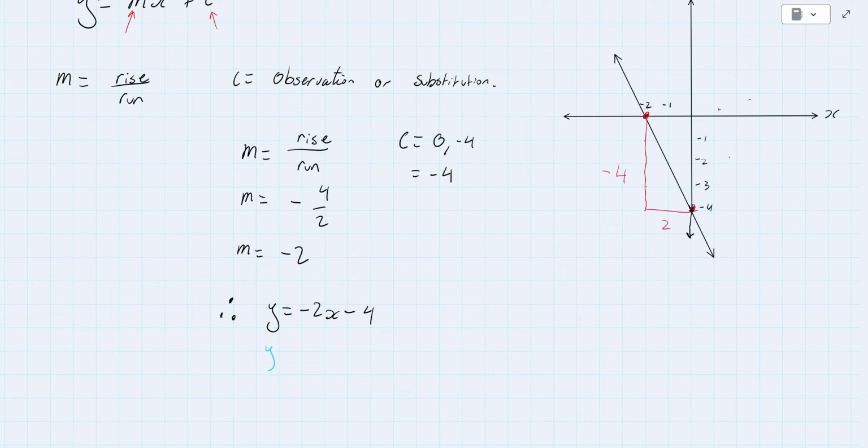I'm just going to do it in blue so you see. Negative 2 is our gradient, negative 4 is our c. Because 4 is negative, we don't write plus negative 4, we just write take 4. That's how you find the equation of a line when the line's given to you on a graph.